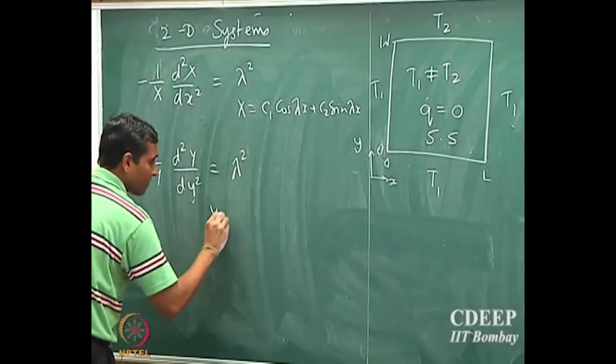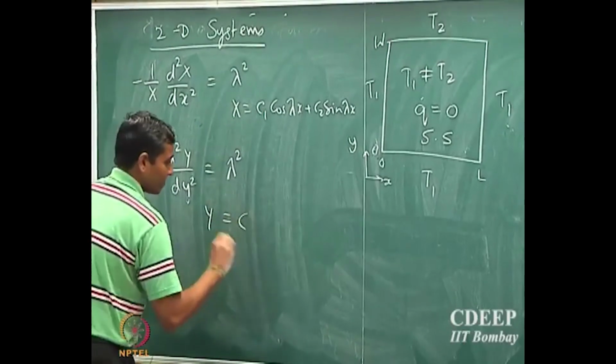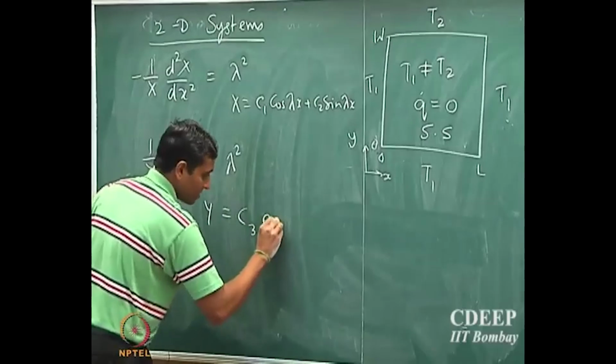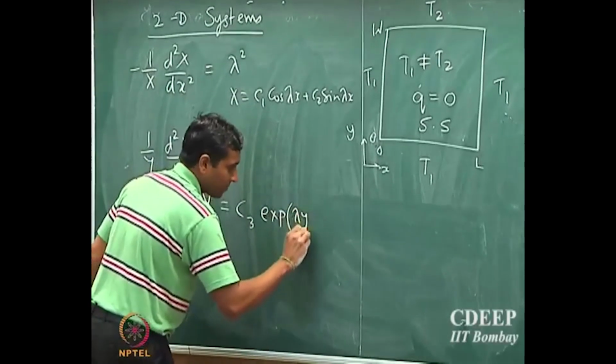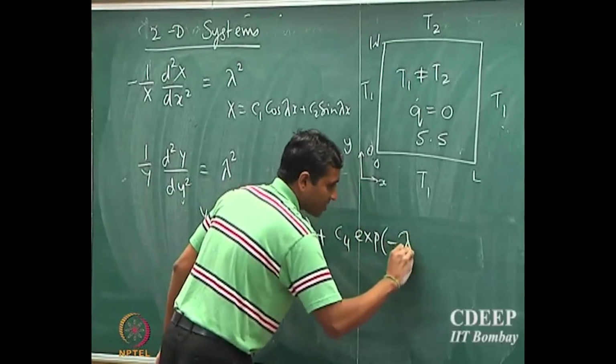And what about the general solution for Y? It's exponential. So it will be c3 exponential of lambda y plus c4 exponential of minus lambda y.